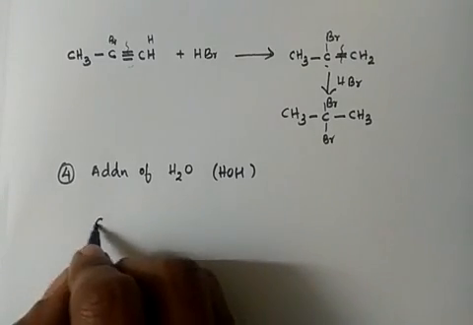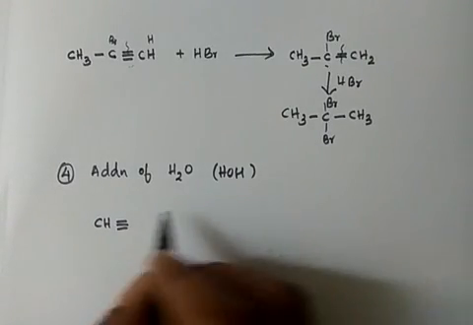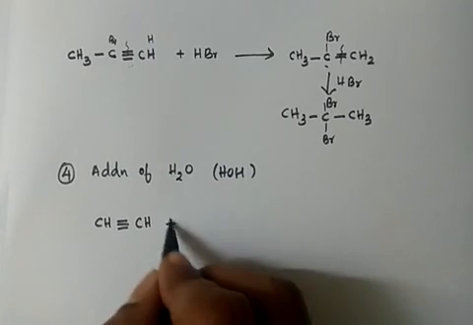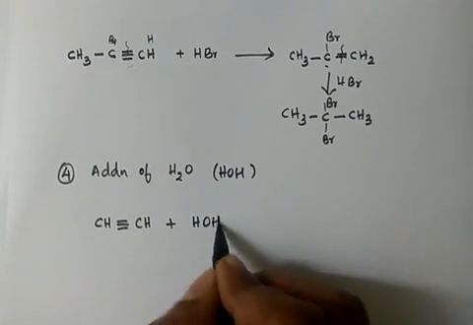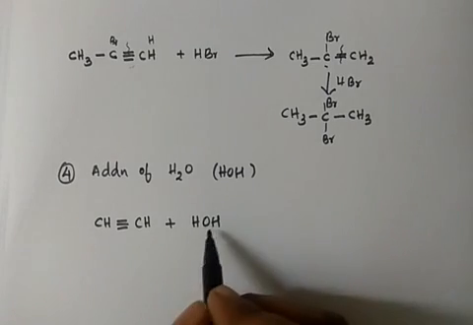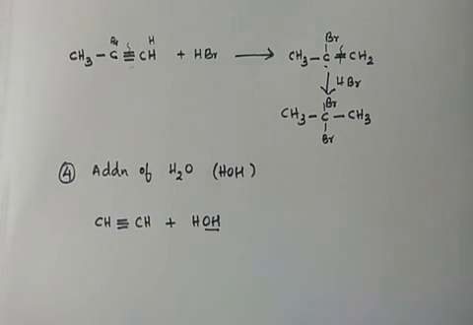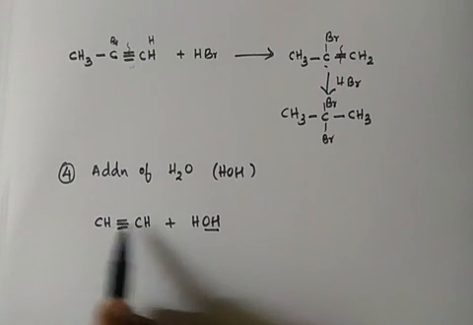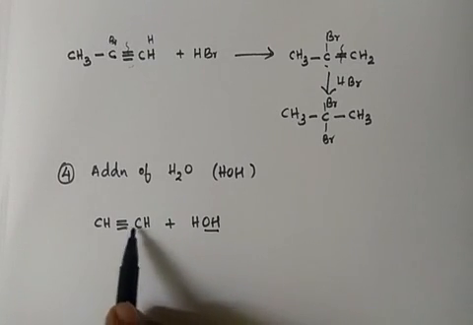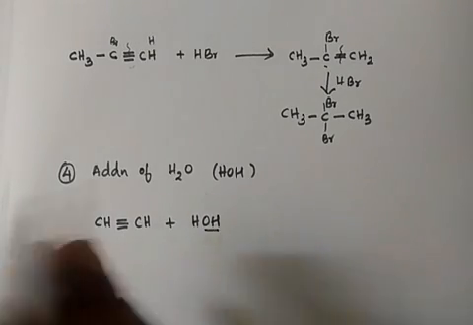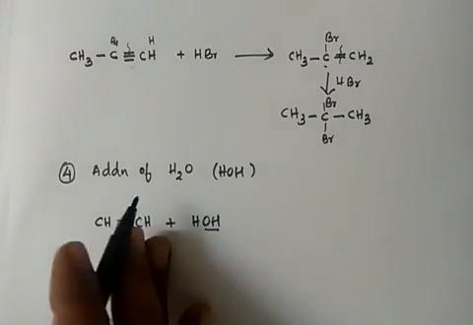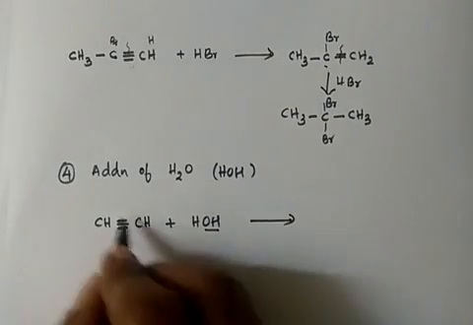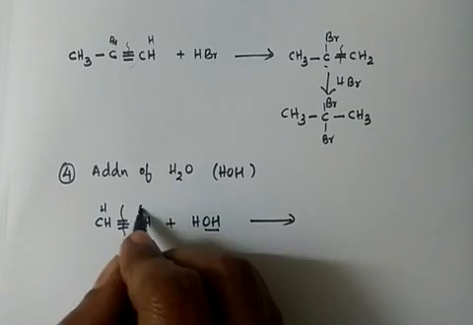So first, in the case of the acetylene molecule, CH triple bond CH, when water is added as H2O or as HOH, the OH part is the negative part. As it is symmetrical, equal numbers of hydrogens are present on both sides of the bond. Then here we can add hydrogen on one side and OH on the other side.